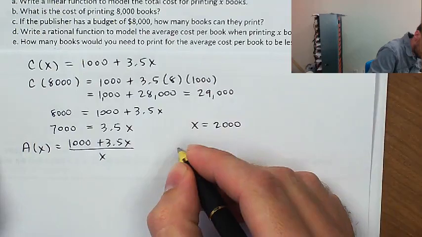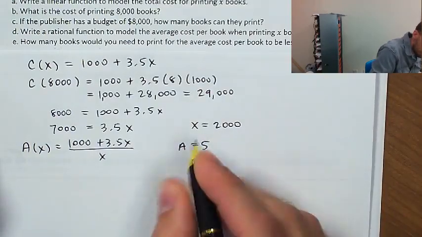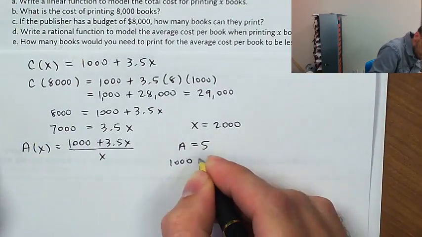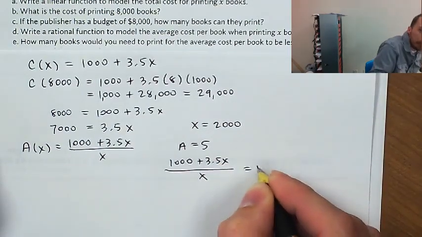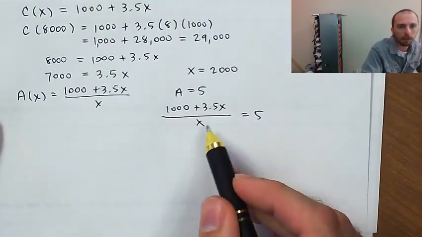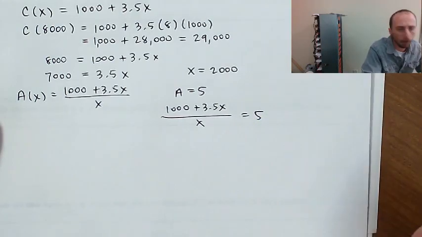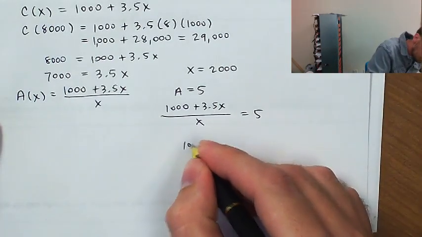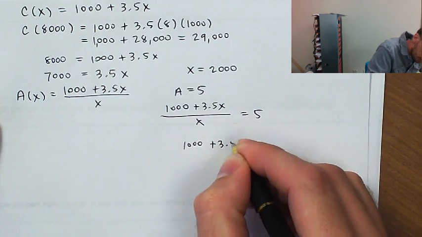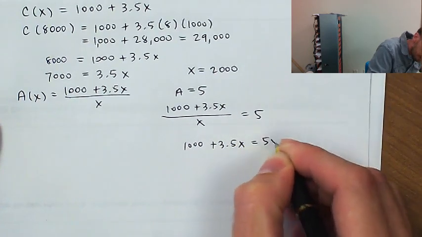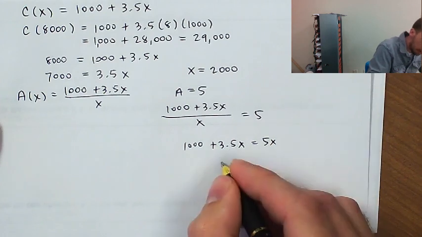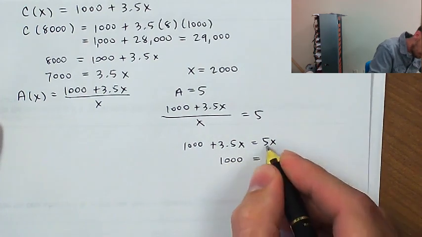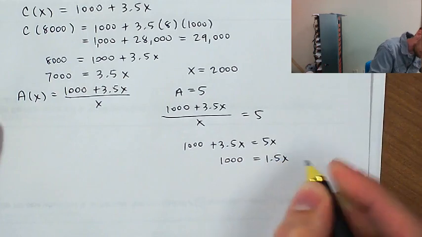Okay. So we're interested in where the average equals 5. So 1,000 plus 3.5x divided by x is equal to 5. So I'm going to multiply both sides by x, or you could look at it as 5 over 1 and cross multiply. But either way, I'll have 1,000 plus 3.5x equals 5x. Then I'm going to subtract 3.5x, and I'll be left with 1.5x.